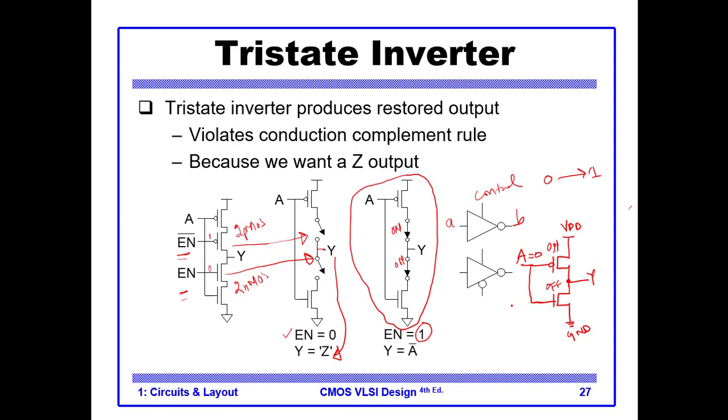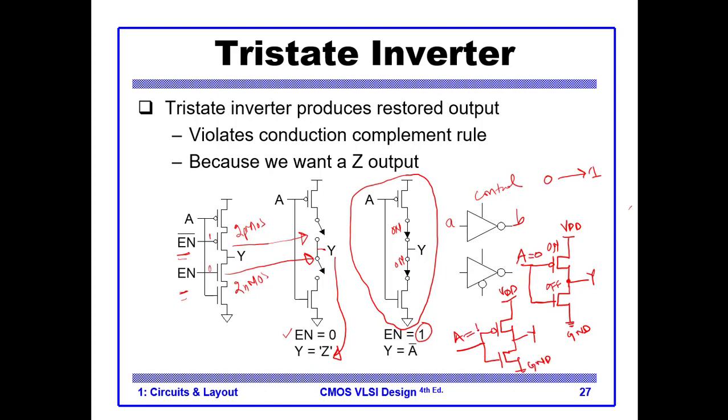Now imagine the other case. Let me draw again. So this is our A, this is our Y, this is VDD, this is ground.